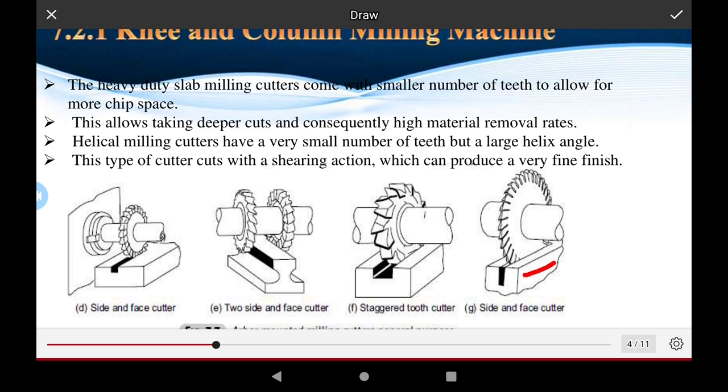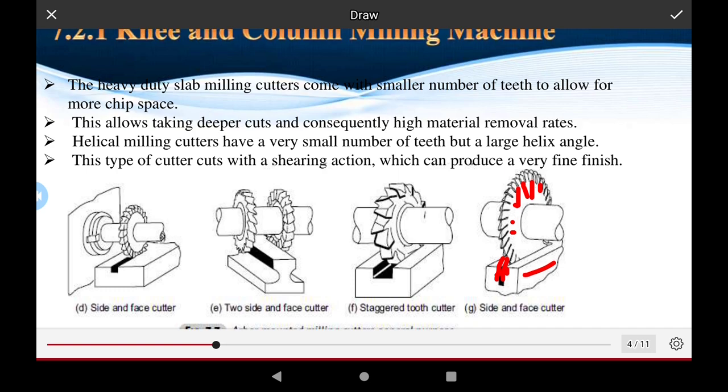The second operation is on this workpiece, which uses a very thin cutter. This very thin cutter performs on the very thin space of the workpiece.